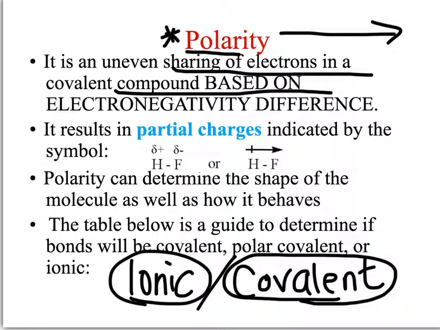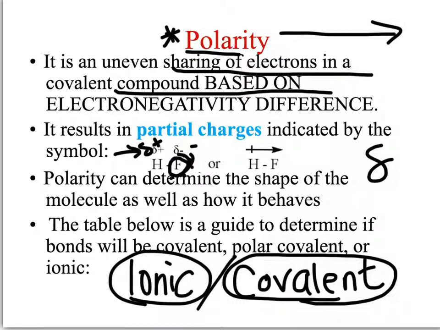And we represent it with this little Greek letter. It looks almost like an 8, and that represents partial charges. In other words, if fluorine, in this case, is pulling harder on the electrons than hydrogen, then the electrons are sort of hanging around fluorine more, and we end up with a slightly negative charge on that side. It's still sharing with hydrogen, but since the electrons are kind of hogged by fluorine, we end up with a slight negative there and a slight positive on the hydrogen.